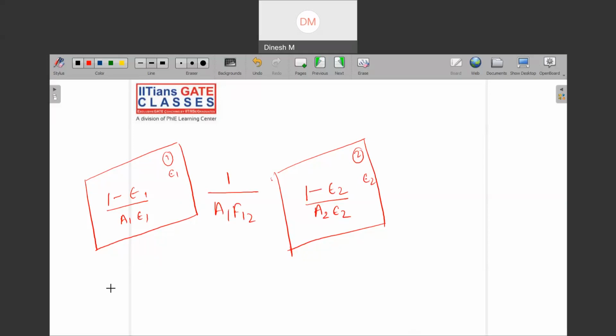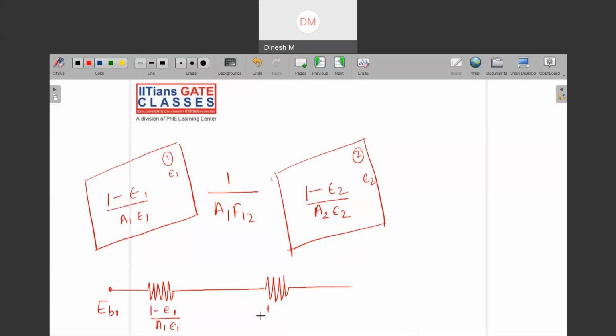And then again we have the surface resistance, which is 1 minus E2 upon A2 E2. And here we have EB1, and this is EB2, then this is J2, and this is J1.